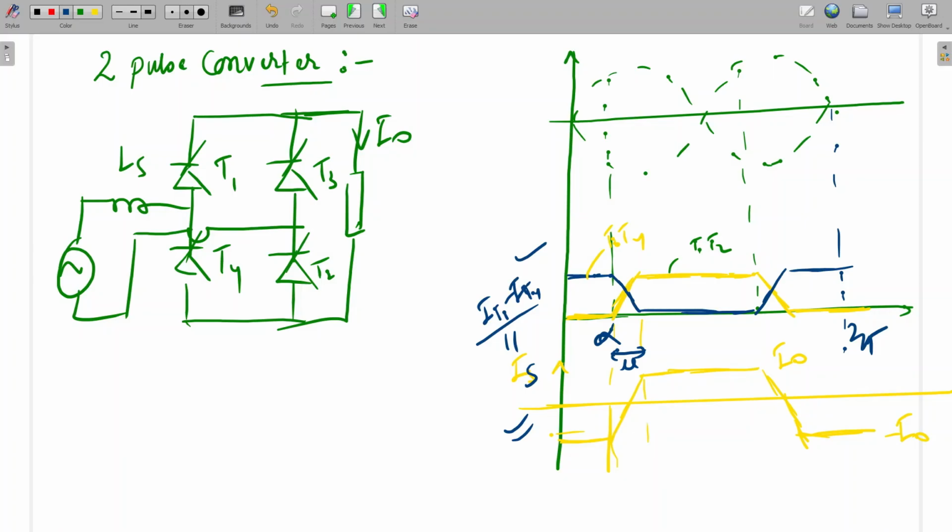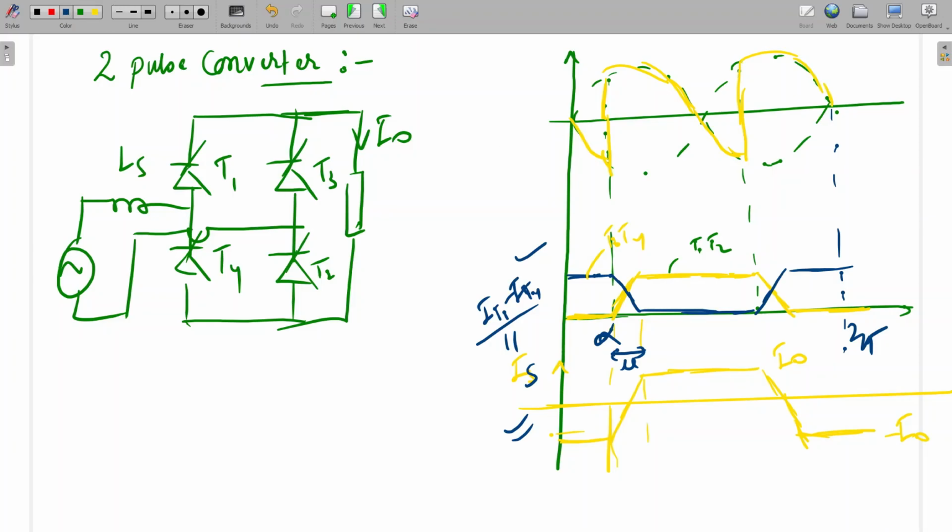So accordingly, what will be the output voltage waveform? First I'm going to draw the ideal case output voltage waveform. It will be like this yellow color waveform. This is the output voltage waveform if overlapping is not there.